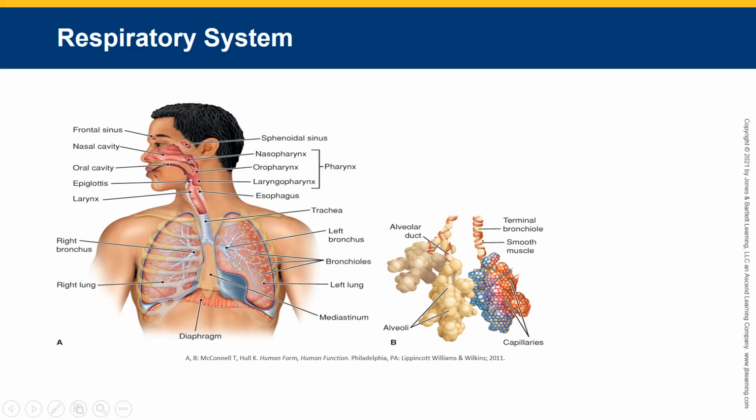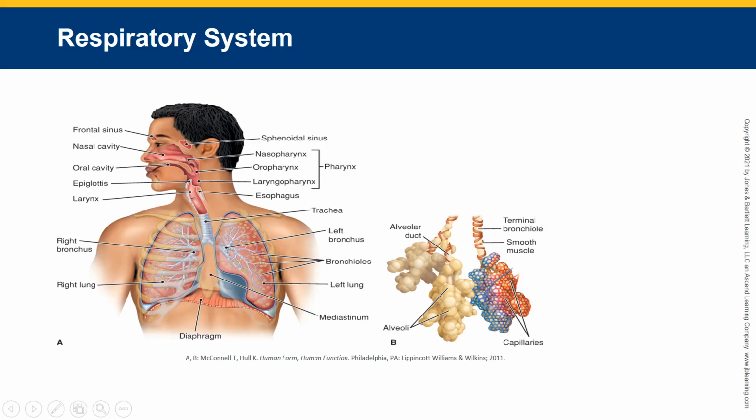And you're going to see that it splits off into a couple of main branches. And this is the left bronchus. Those first main branches are called the bronchus or the bronchi. One bronchus, two bronchi. And then they branch out even further. We call those the bronchioles.